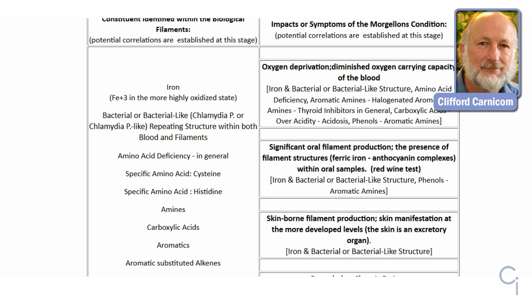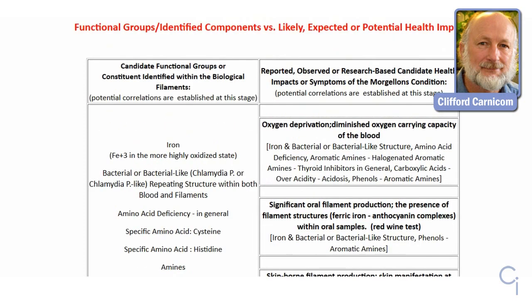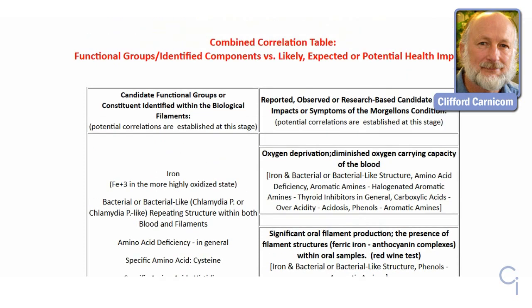So the end result of this part of the paper is a combined chart, and this is where the redundancies are to be eliminated. The final chart of this phase 2 is a compilation of everything together, but now we eliminate redundancies.